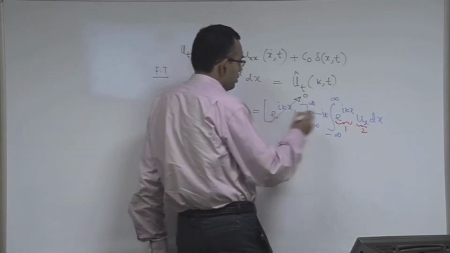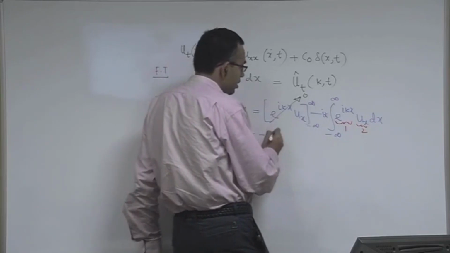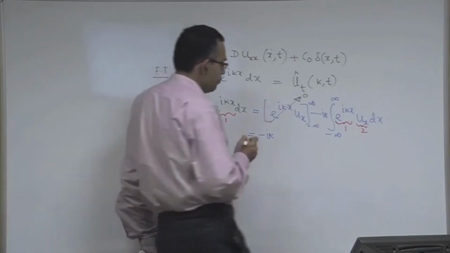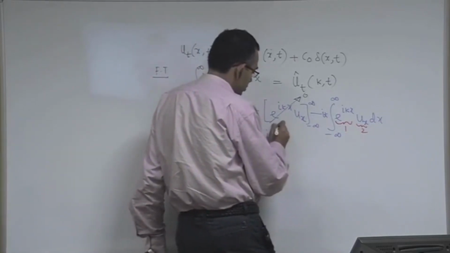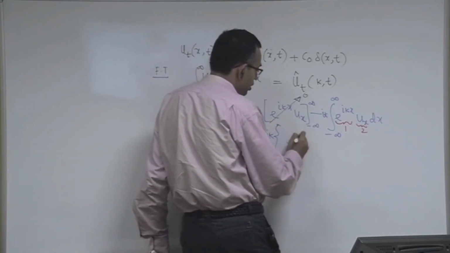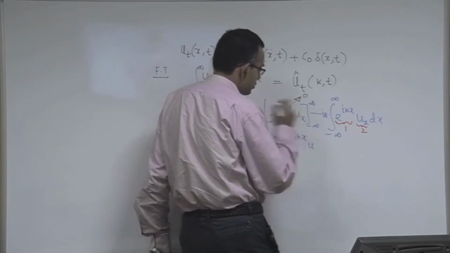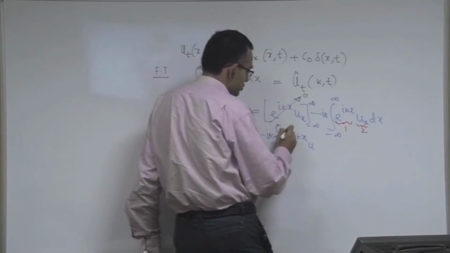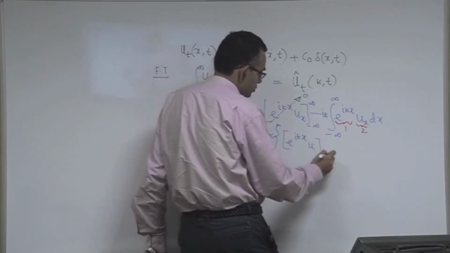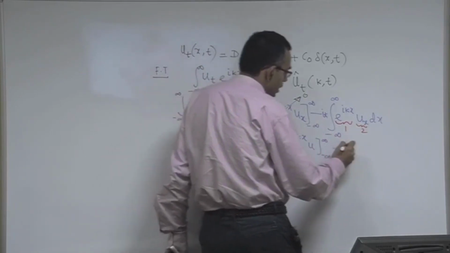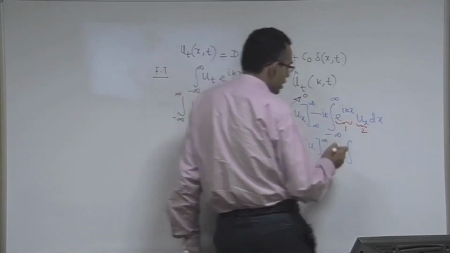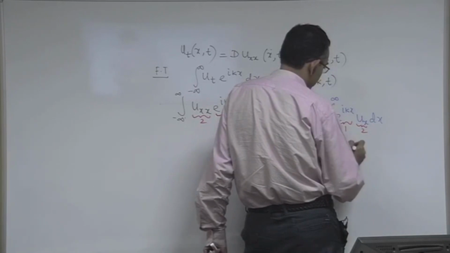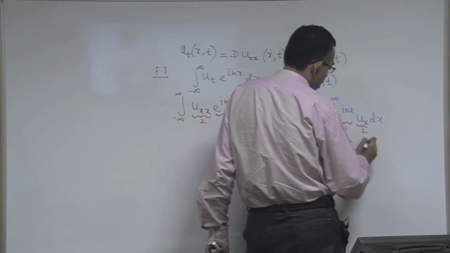Then minus I k, first function into integral of the second, minus integral of derivative of first into integral of the second.